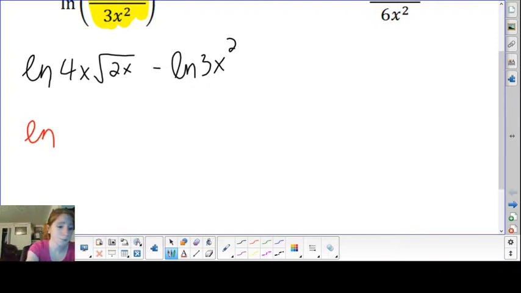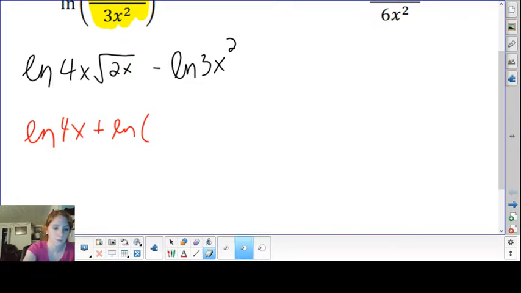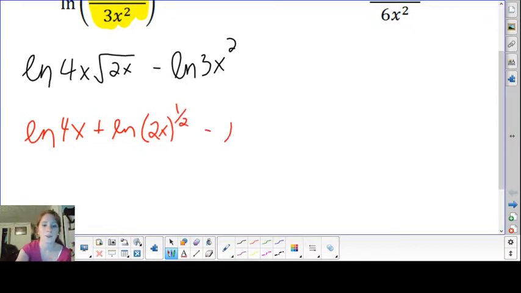So I have the natural log of 4x plus the natural log of 2x to the 1/2 power, minus the natural log of 3x squared.